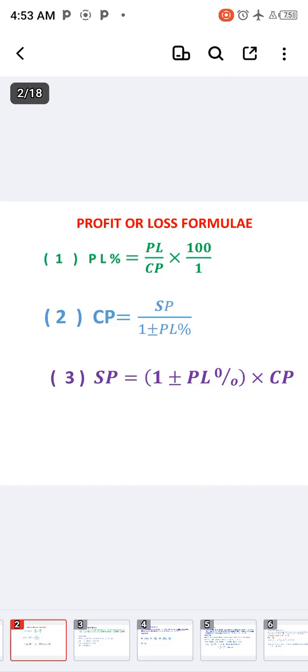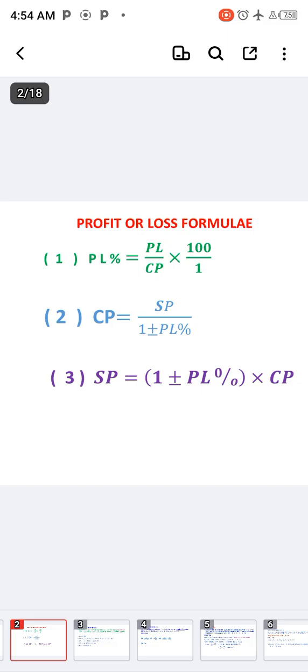Cost price plus what? Profit. You must first of all calculate the profit or loss before you express it over the cost price multiplied by 100 to get the percentage profit or percentage loss.